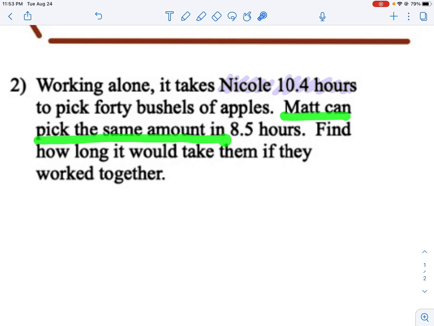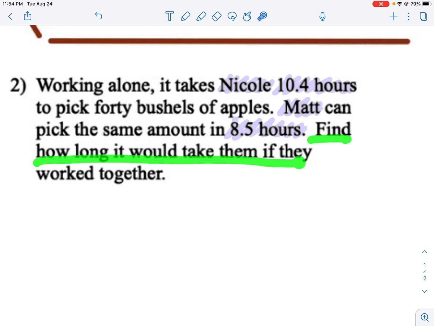Matt can pick the same amount in 8.5 hours. So Matt can do it in 8.5 hours. Find how long it would take them if they work together.